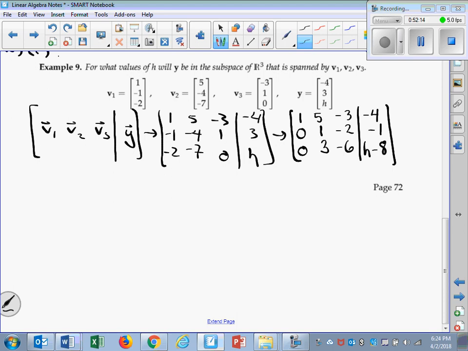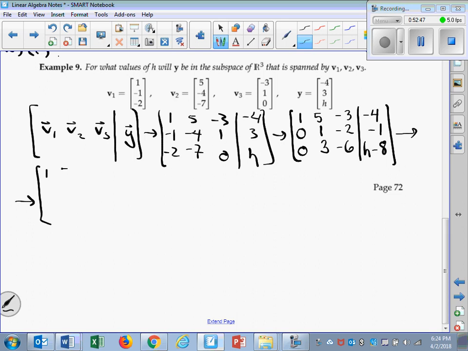Now we want to continue our row reduction, because in order for y to be in the span of these three vectors, we're looking for this system to be consistent. If the system's not consistent, then no possible linear combination of v1, v2, and v3 could ever give us y. So we're looking for it to be consistent so that we can find the multiples that give us that last vector y.